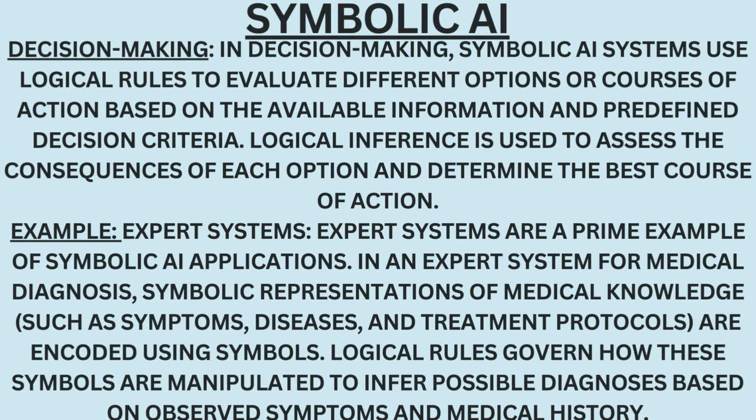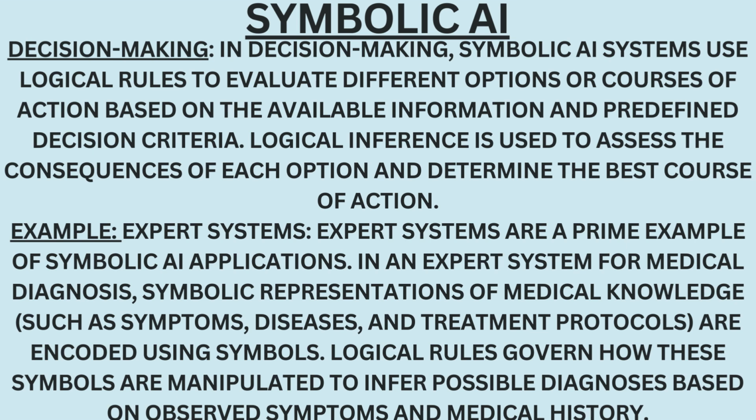Example: expert systems. Expert systems are a prime example of symbolic artificial intelligence applications. In an expert system for medical diagnosis, symbolic representations of medical knowledge such as symptoms, diseases, and treatment protocols are encoded using symbols.